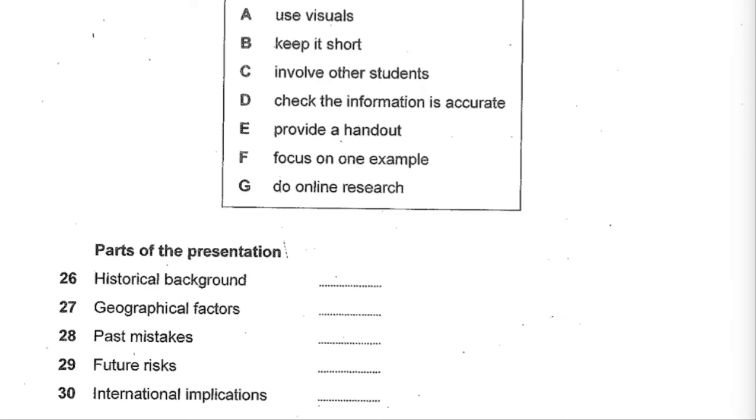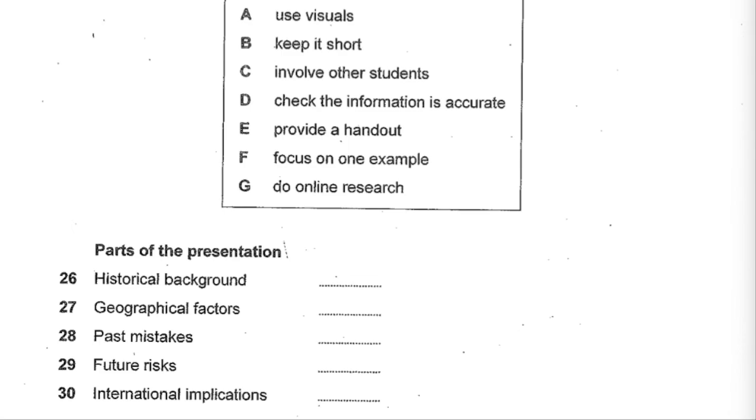What else do we need to talk about? Maybe something on future risks, looking more at the long term if populations continue to grow? Yeah, we'll need to do a bit of work there. I haven't got much information. Have you? No, we'll need to look at some websites. Shouldn't take too long. Okay. And I think we should end by talking about international implications. Maybe we could ask people in the audience. We've got people from quite a lot of different places. That'd be interesting, if we have time, yes.